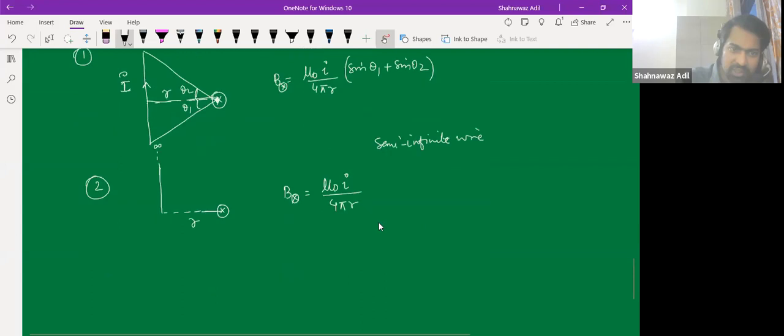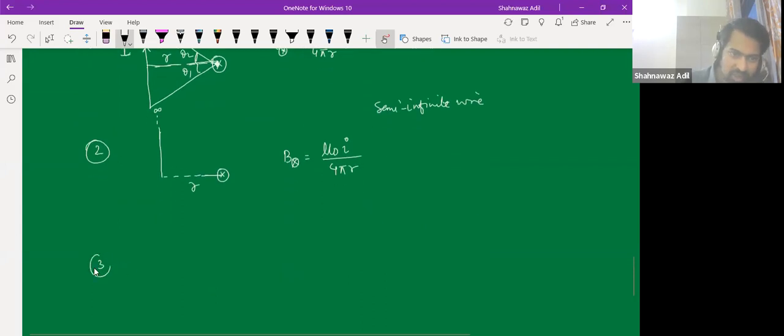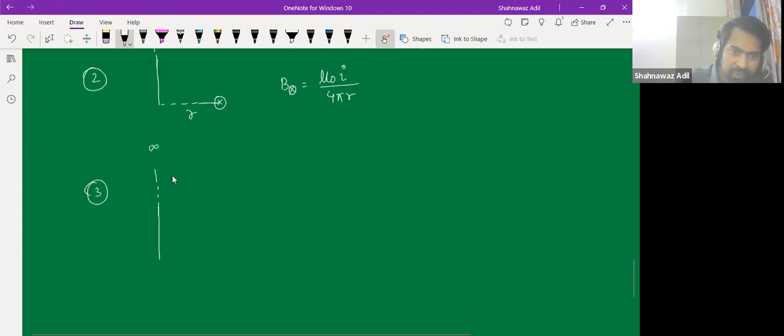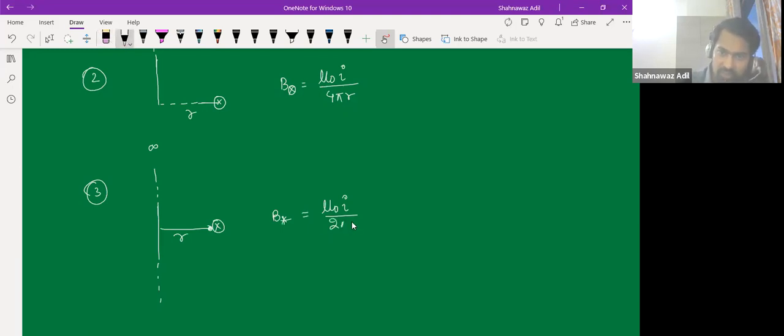And then we saw the third case, which was the infinite wire. For the infinite wire, we calculated the magnetic field, which was again inside. This was mu naught I by, oh, this is not 4 pi, this is 2 pi r.